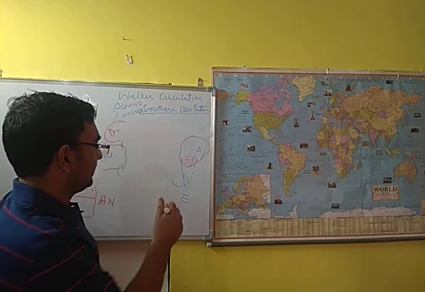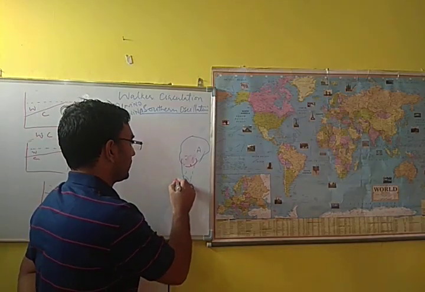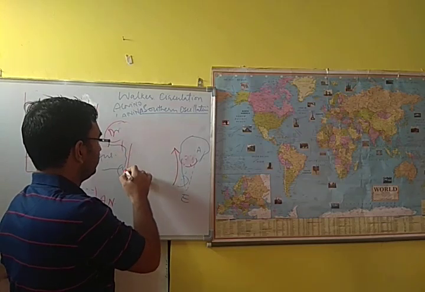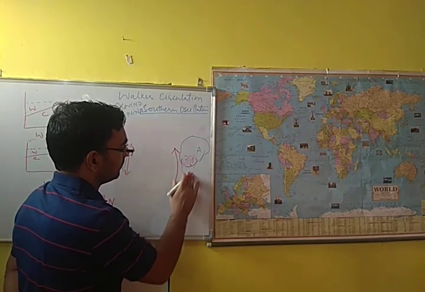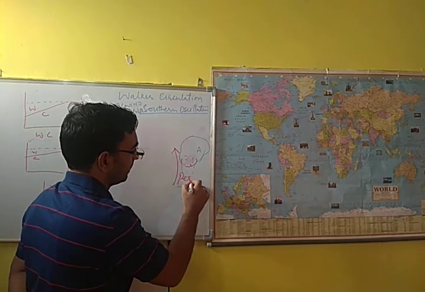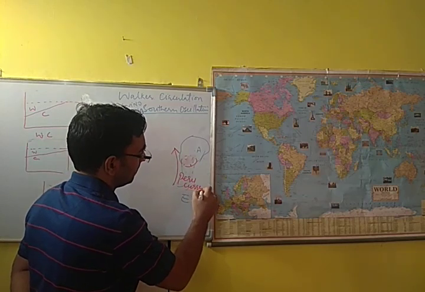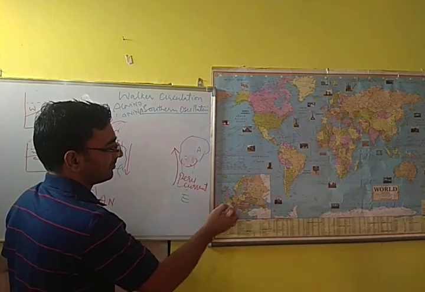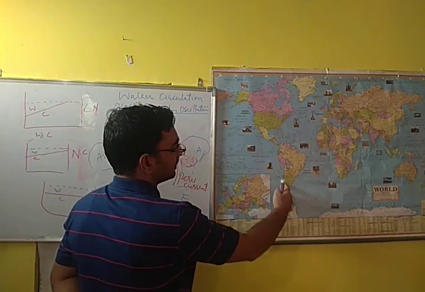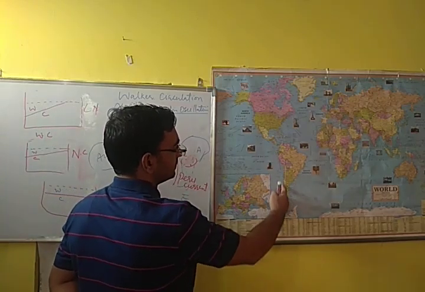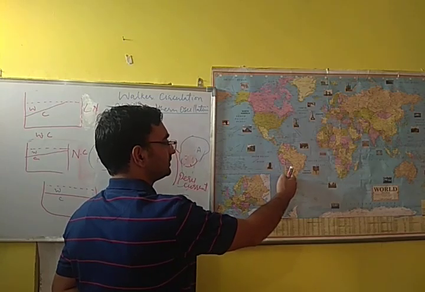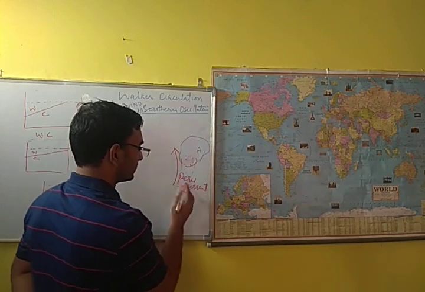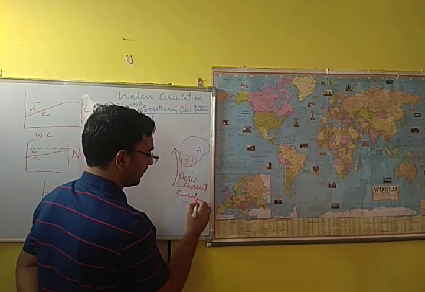So initially we had a current. If you see my previous lecture on the ocean currents, we had a current that we call the Peru current or Humboldt current, which was moving in the Pacific Ocean along the coast of western South America or the eastern Pacific. It was going towards the equator. So this current was a cold current.